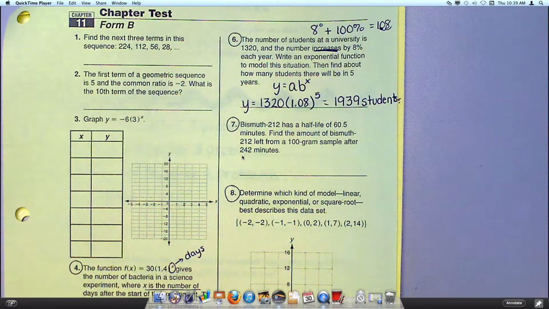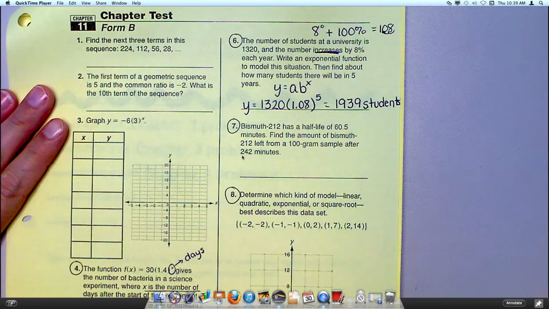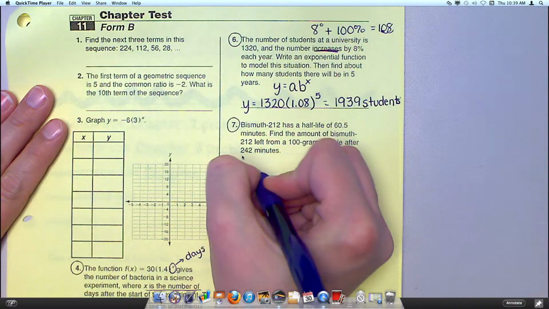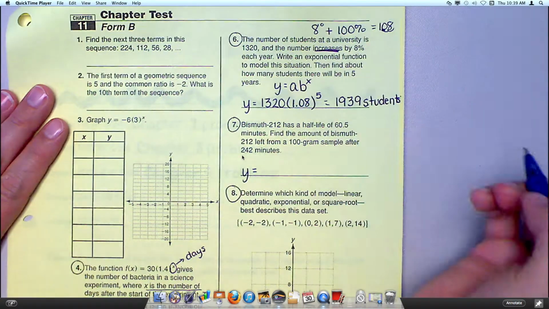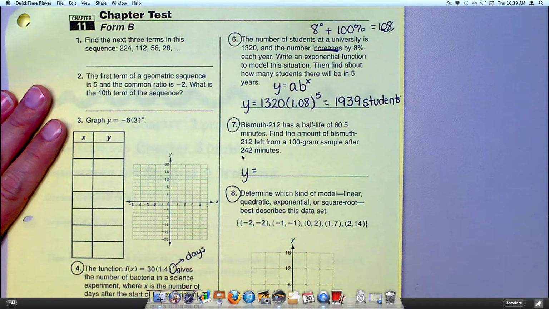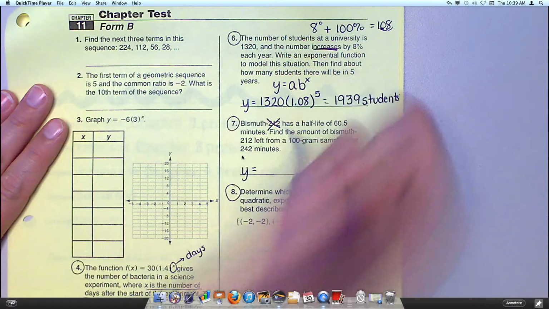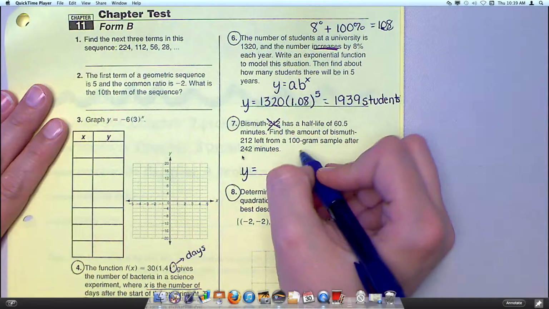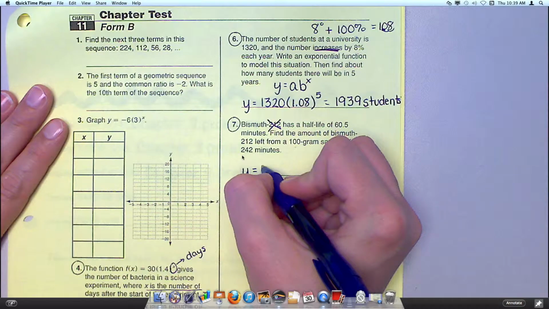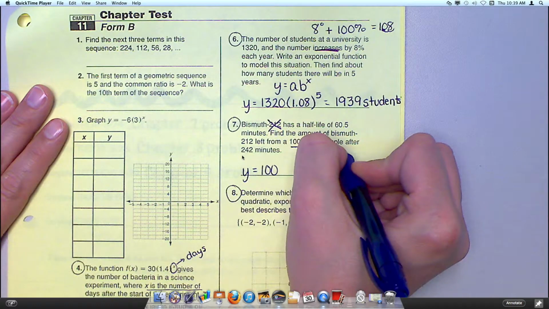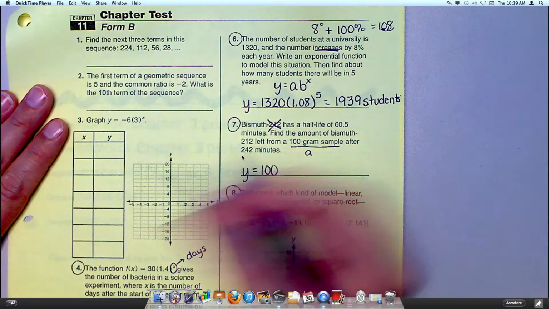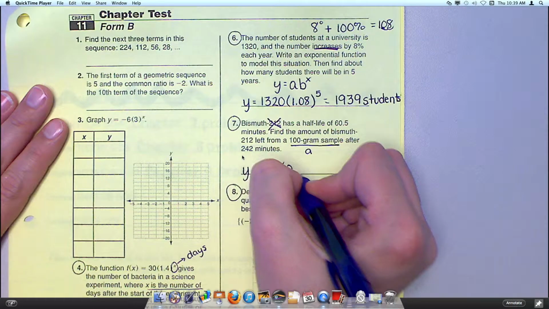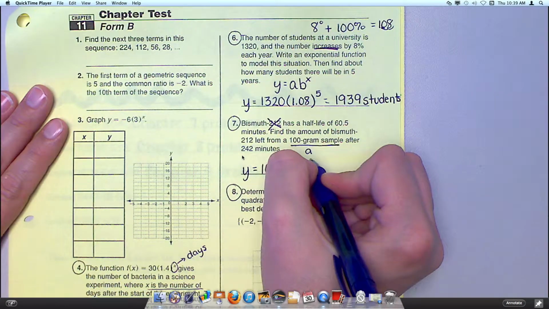Half-life. Do you remember half-life? Yep. 0.5 goes in for your B. So our starting amount is, now first of all, where does the 212 go? Ignore that. That's just part of the name, remember? How much are we starting with? 100. Because it says we're starting with a 100 gram sample, so that's your A. And then how do we figure out what goes up here?